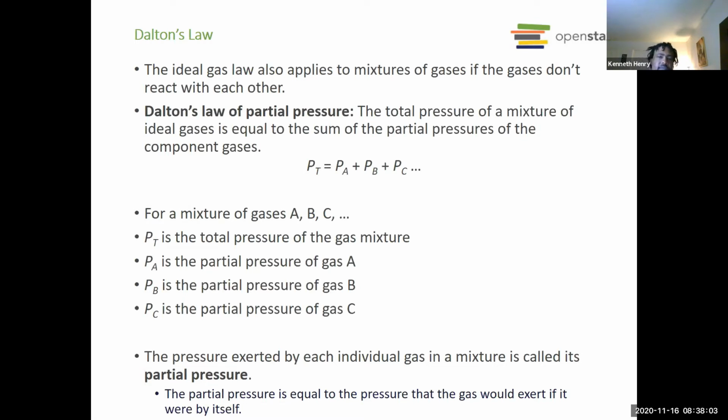If we put them all in a bottle, are these guys going to interact with each other? No, they're going to act independently. And since they act independently, the pressure that's going to be introduced for the hydrogen, we'll say that's my PA.